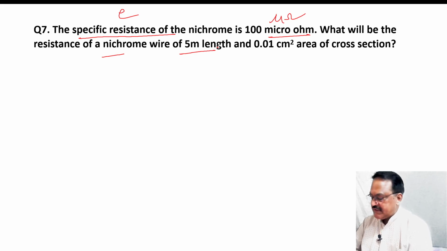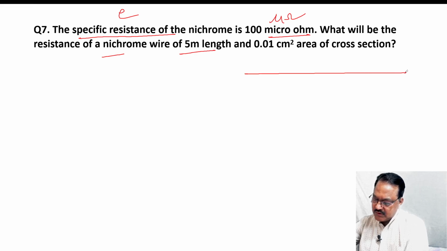Okay. Just we should draw one conductor which is made of nichrome here. Okay. And what is given here?